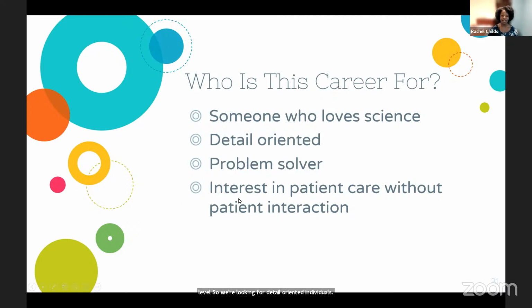And this last point, I will say it's not 100% the case, but with medical lab science, you're not interacting with the patient directly. You're mostly that person behind the scenes, giving the result, helping with patient care without directly interacting with the patient.